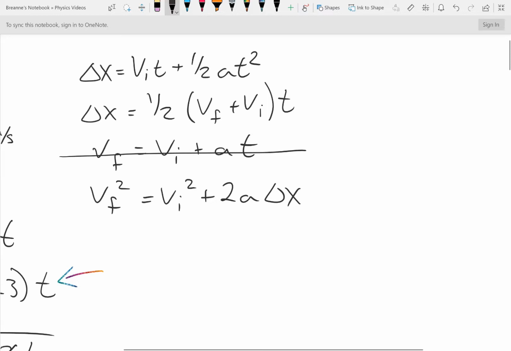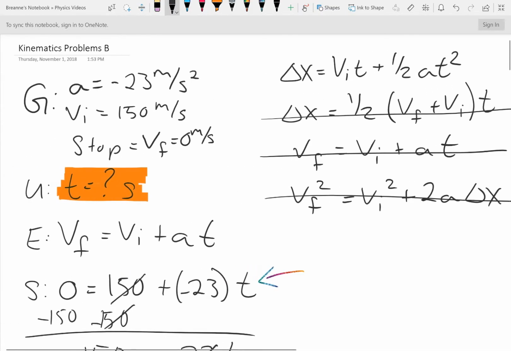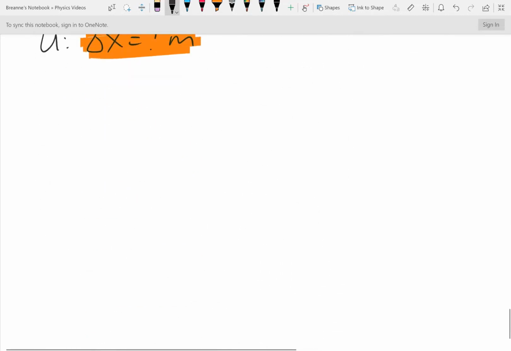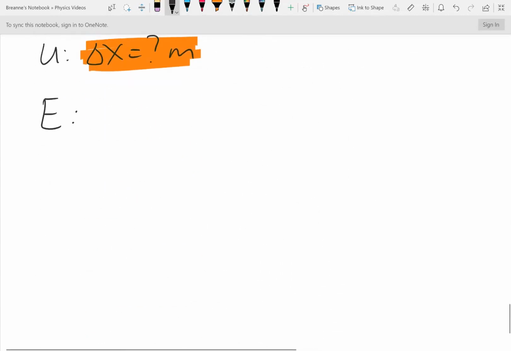It's not given. So we cannot use these two because they both have final velocity. We have to use the first one. So our equation is delta x equals vi times t plus 1/2 at squared.